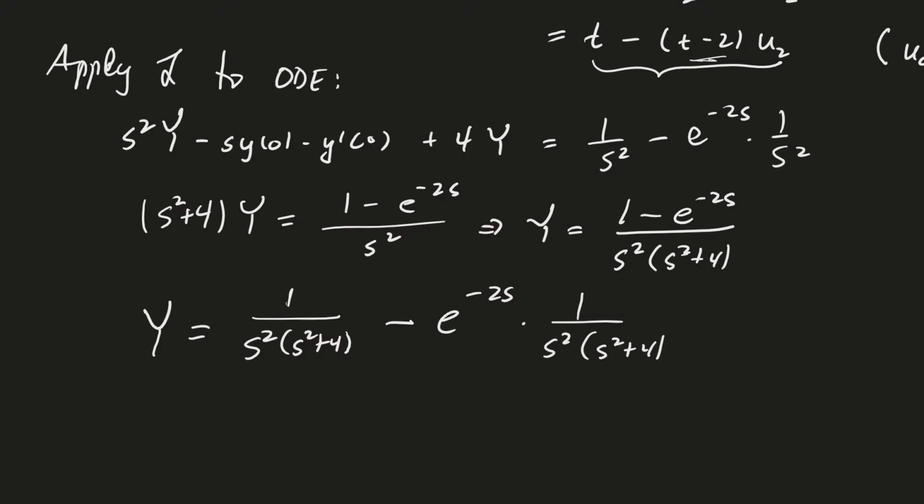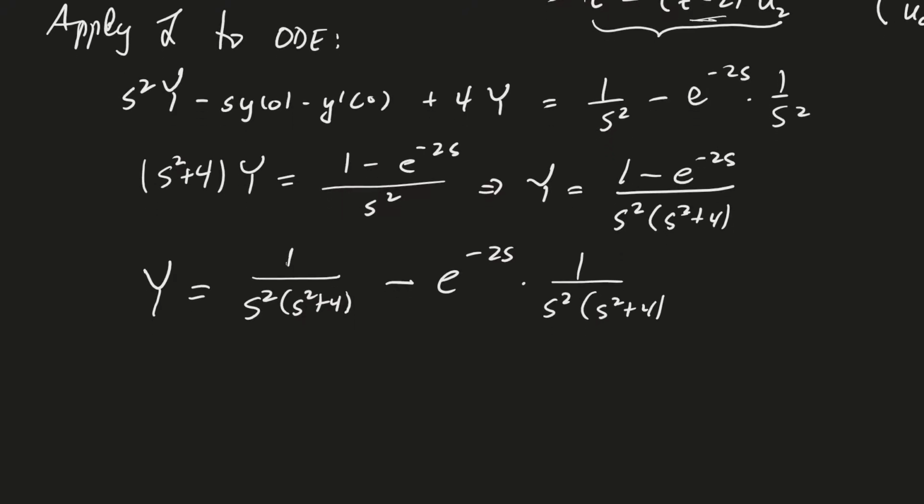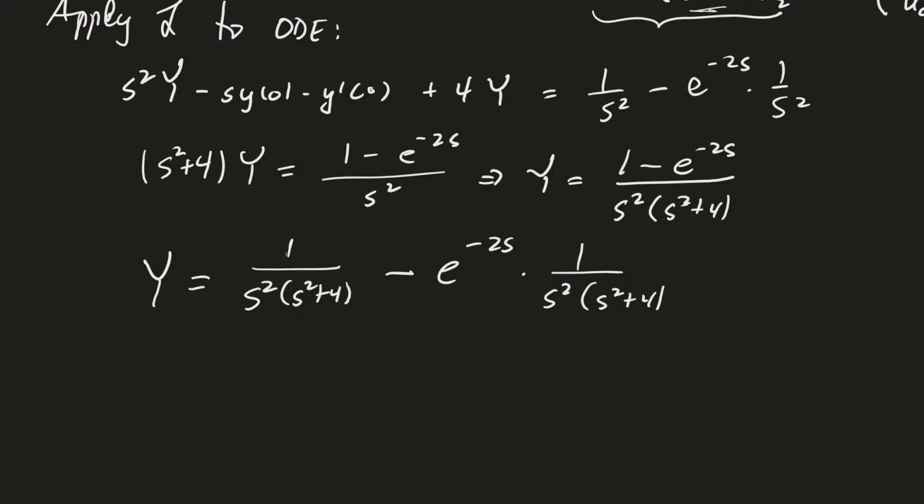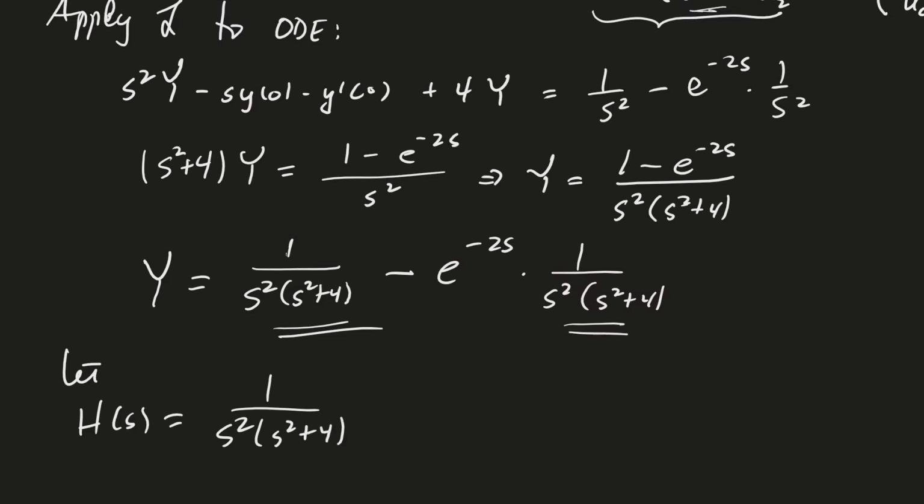Okay. Now, I'm going to go ahead and invert this, but I see that this quantity is appearing in both of these, right? And so let's just work with this quantity. So let h of s be equal to 1 over s squared times s squared plus 4.